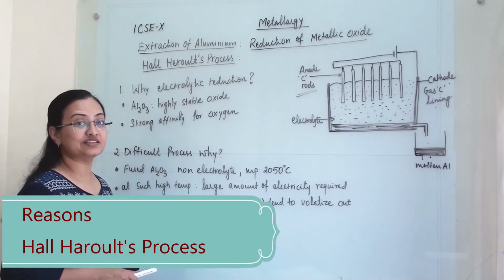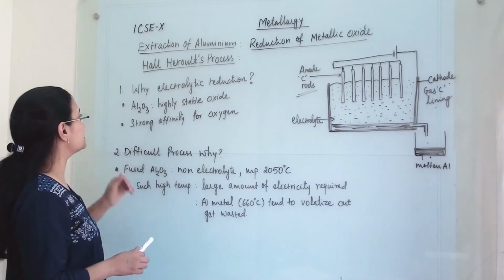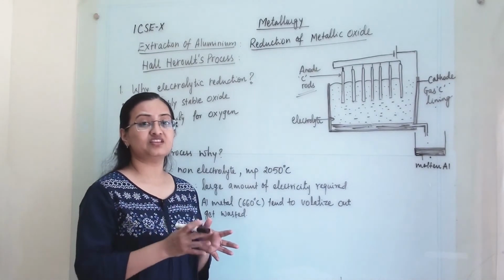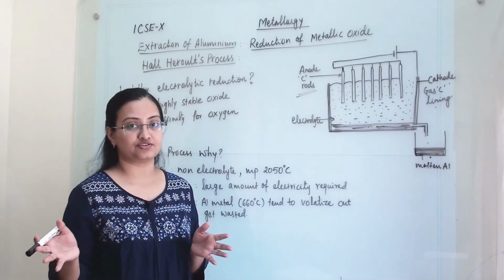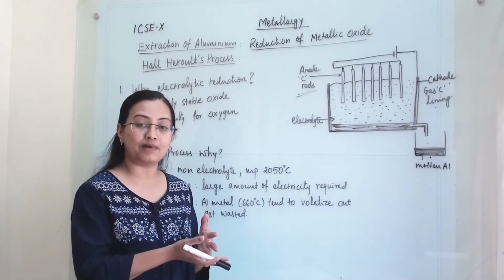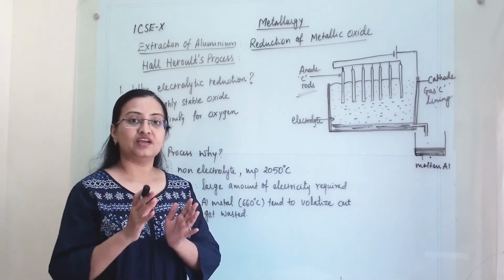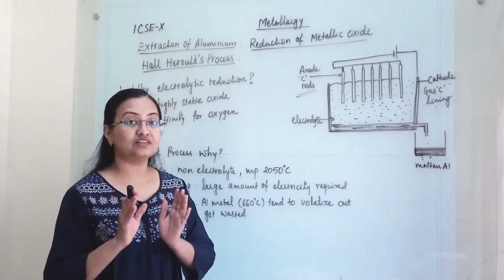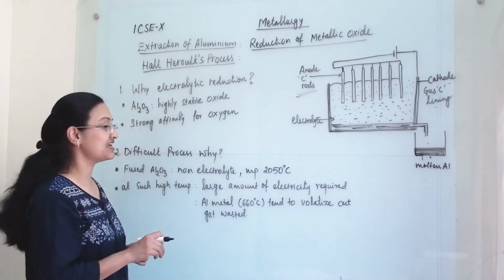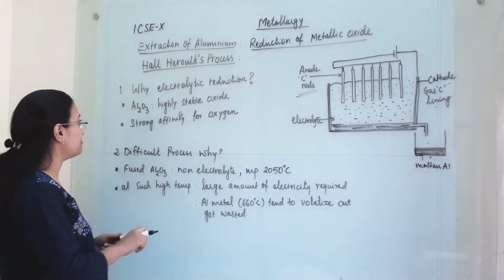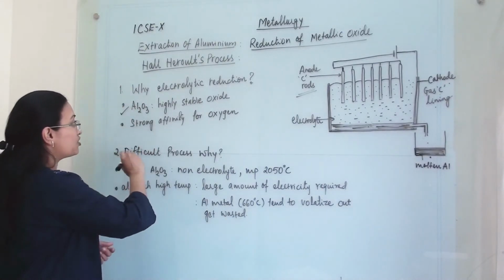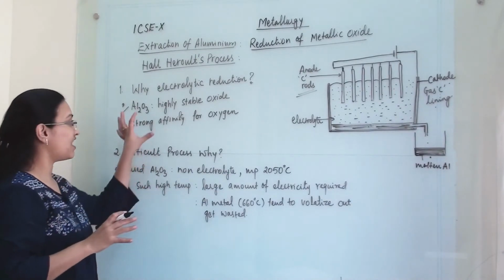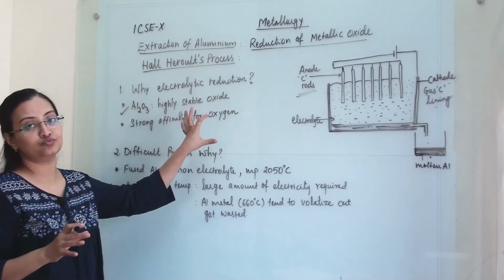Now here we are discussing the reasons. The first reason is why we are choosing electrolytic reduction instead of simple chemical reduction. For other metals, we can simply let them react with carbon and the oxygen will separate out, but that won't be possible in the case of aluminium oxide. Why? Because aluminium oxide is a highly stable oxide, and aluminium has a strong affinity towards oxygen.